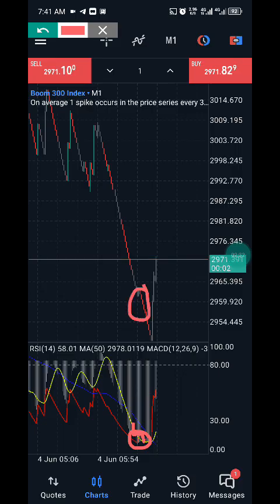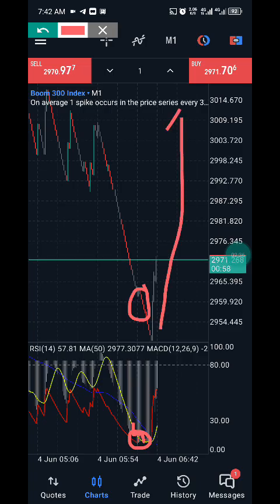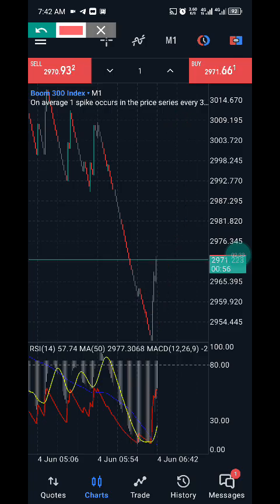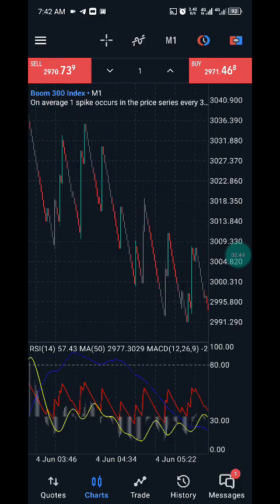And what you are going to see is a massive spike begin. That is how to make use of this strategy, guys. So let's see how it works.